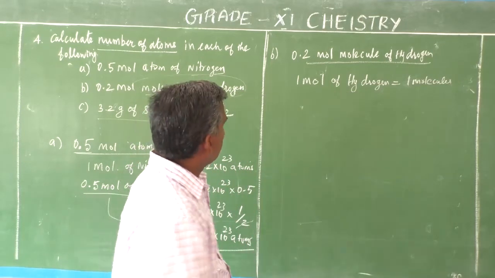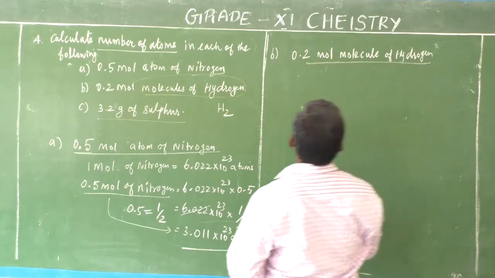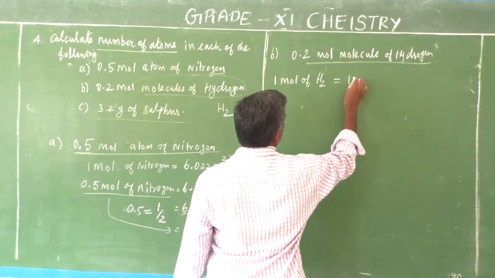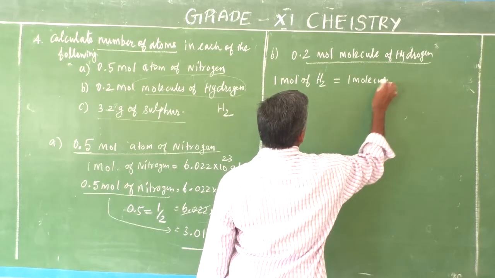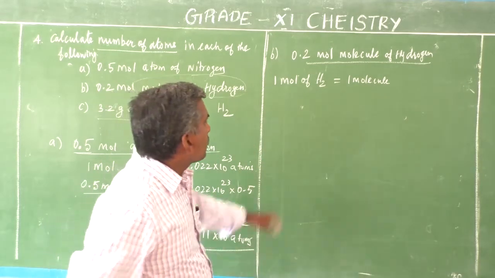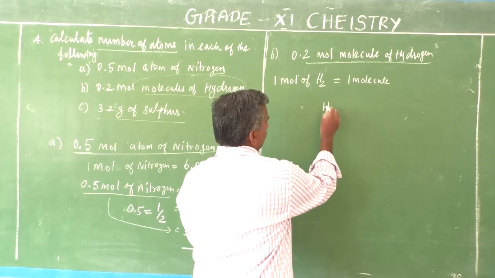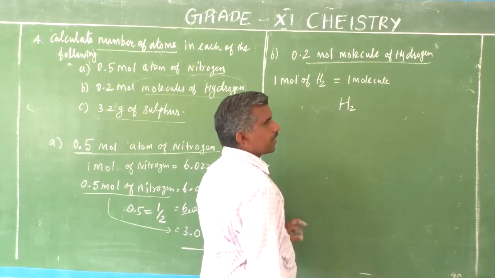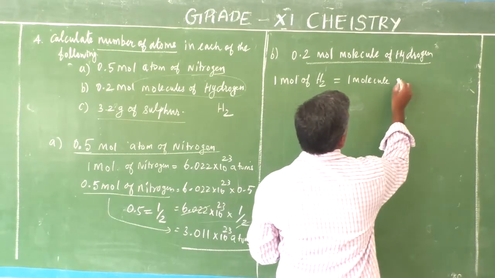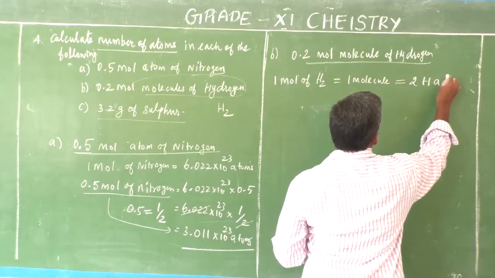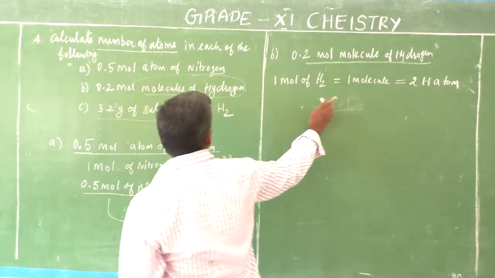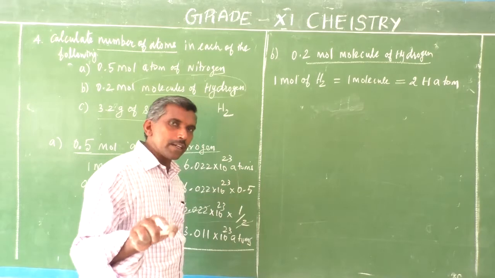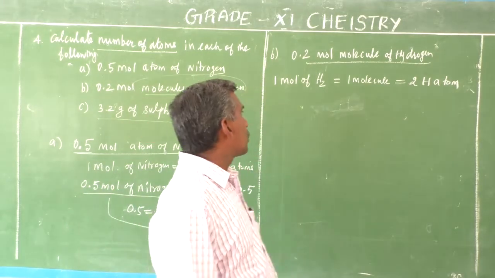So 1 mole of hydrogen is equal to 1 molecule. How many atoms in this molecule? 1 molecule of hydrogen is made up of 2 hydrogen atoms. So 1 molecule is equal to 2 hydrogen atoms.